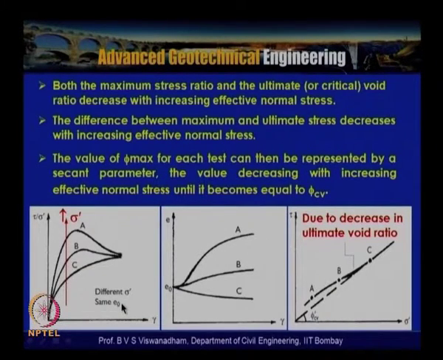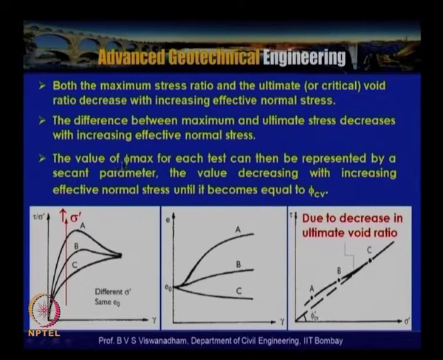The initial void ratio e naught is the same for all the samples, which are sheared at three different normal stresses. Both maximum stress ratio and ultimate or critical void ratio decrease with increasing effective normal stress. Then the difference between maximum and ultimate stress decreases with increasing effective normal stress.